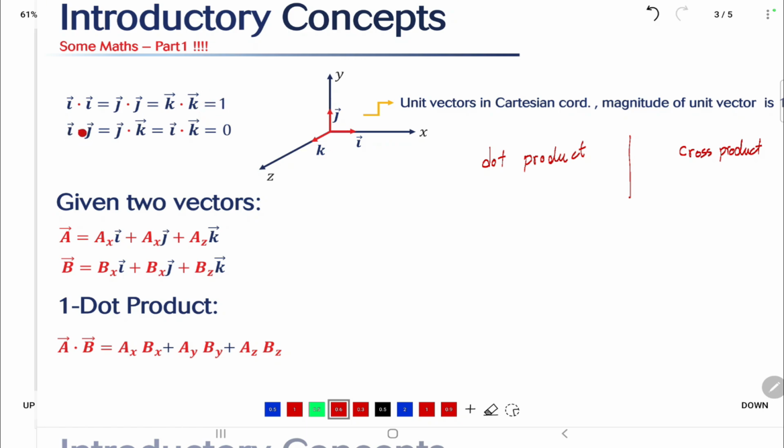And if any two are different, you see, I, J, they are different. J, K, they are different. I, K, they are different. If the dot product is of two different unit vectors, the result is 0. Here, I dot I, so they are similar. I, J, J, K, K, the result is 1.